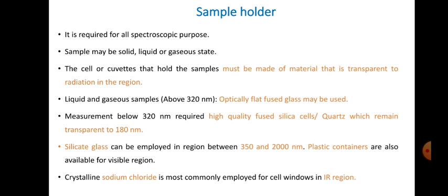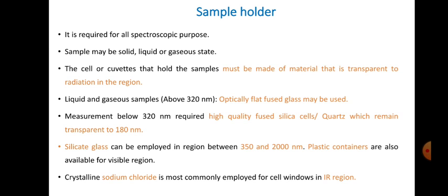After the radiation source and wavelength selector, the monochromatic light is passed through the sample, and we need to hold the sample in a sample holder. This is required for all kinds of spectroscopic work, whether you are doing a spectrum mode, a photometric mode, or a kinetic mode.